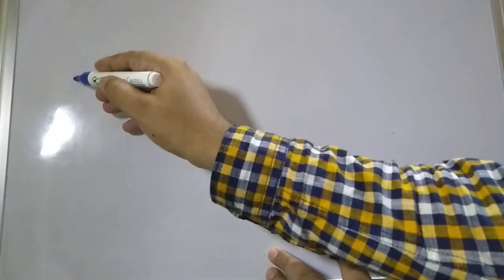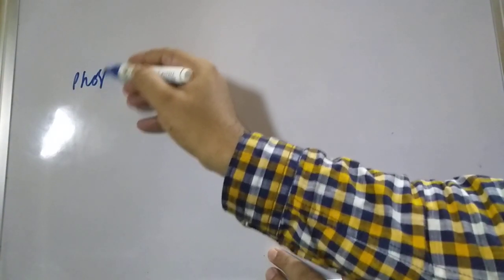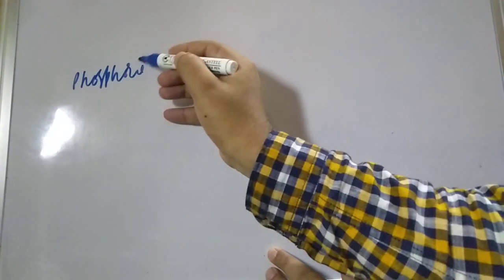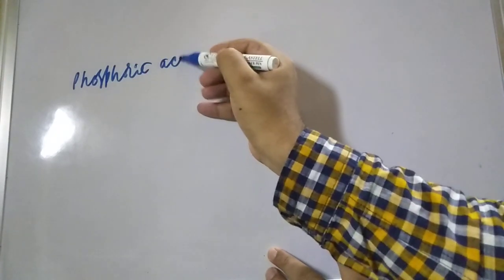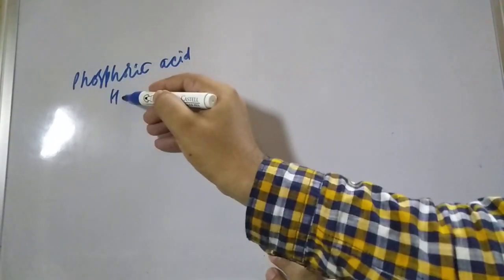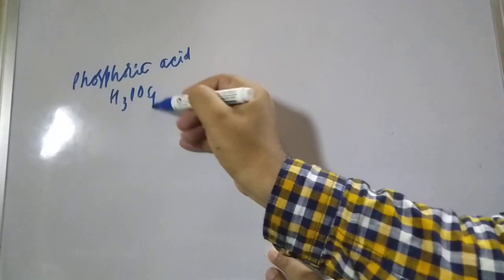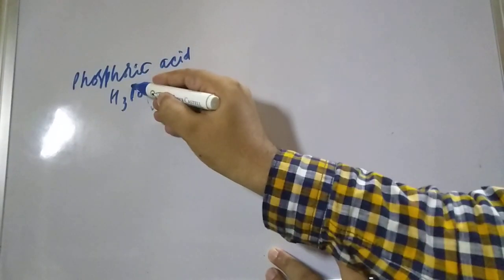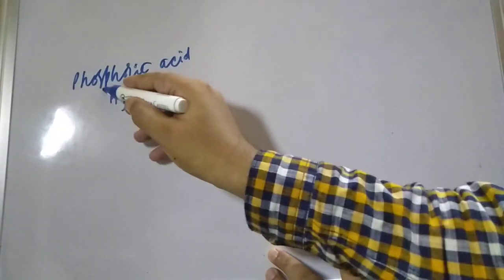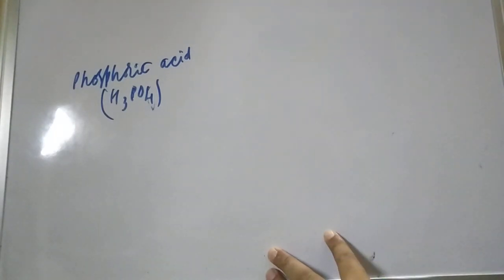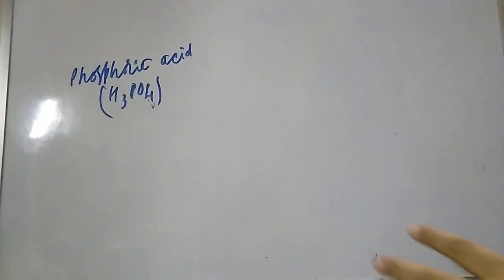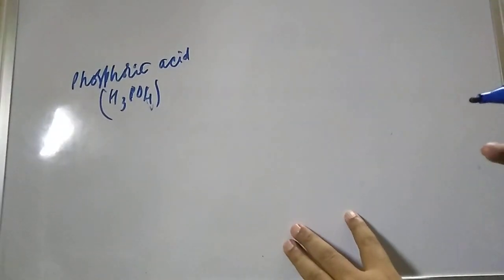So the next parent acid is phosphoric acid. What is the formula of phosphoric acid? H3PO4. This is known as phosphoric acid. Now from this phosphoric acid we are going to derive other acids. Two other acids have been derived from this one.